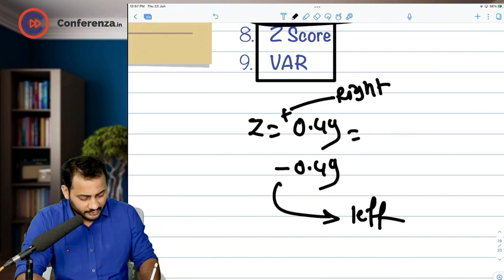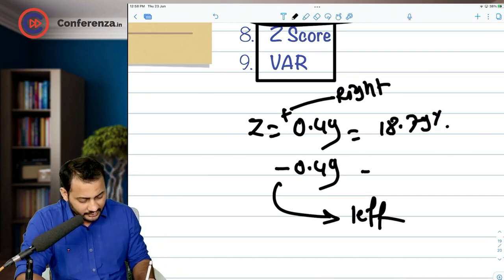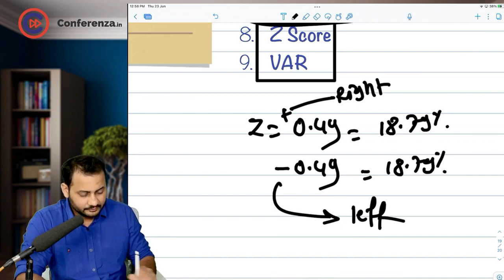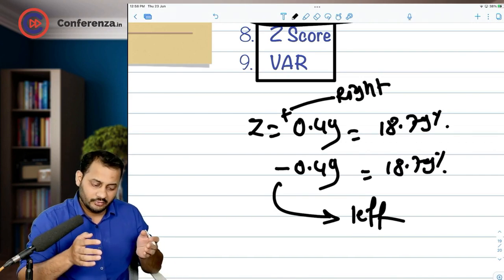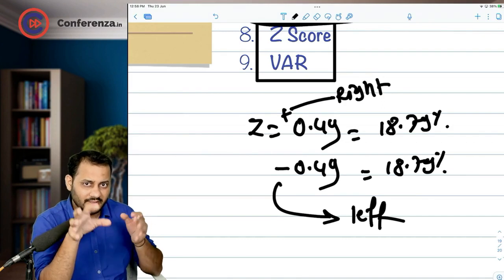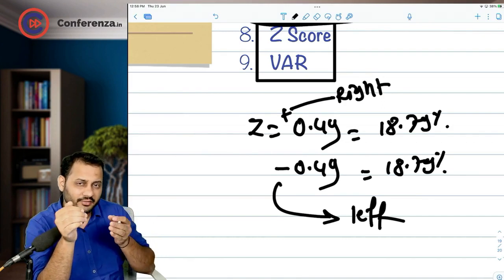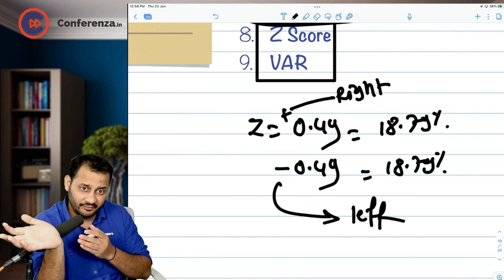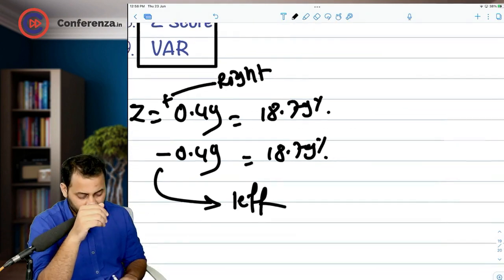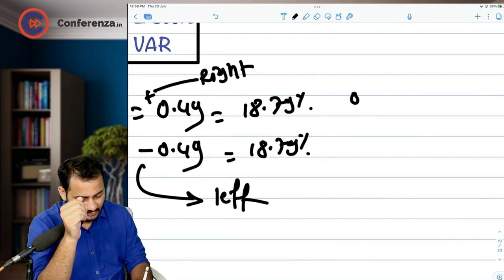Very clear? It was 18.79% and it is 18.79%. So if you want to calculate the area lying 0.49 standard deviation away from the mean on the left, it is 18.79.